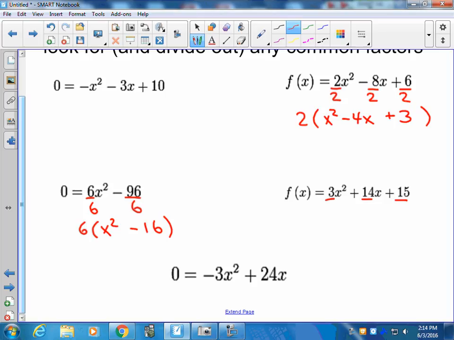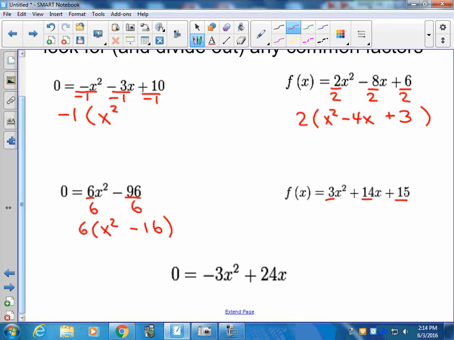Now, the most common factor that students miss is the -1 common factor. We always want our x squared function to be positive. Okay, so if we have a negative in front of our equation, we want to pull that -1 out. We put it in front, so that's a vertical reflection of our graph.